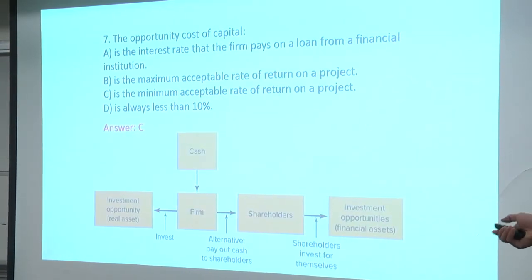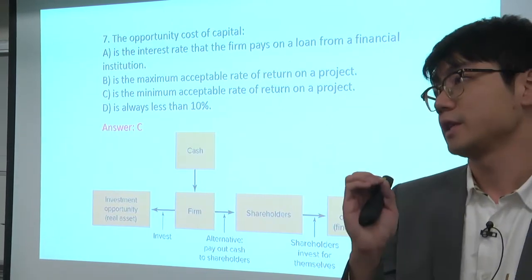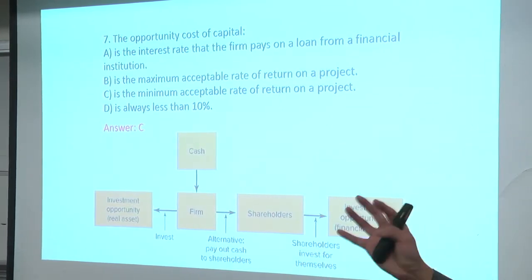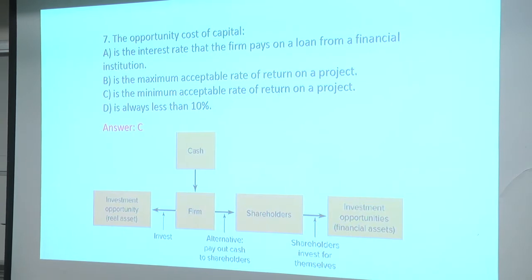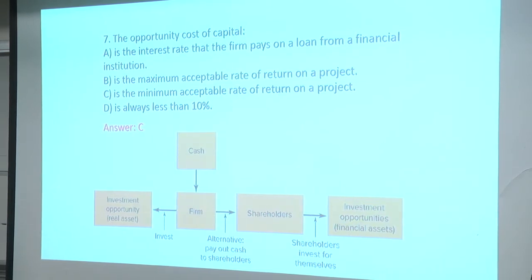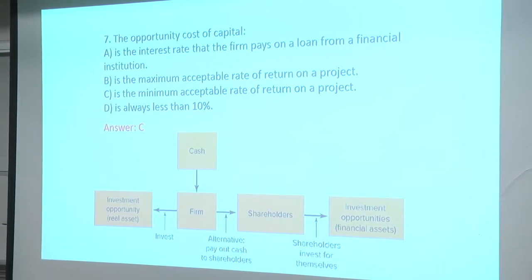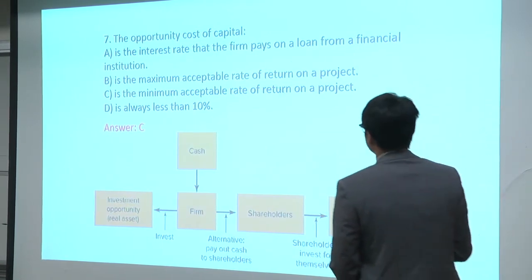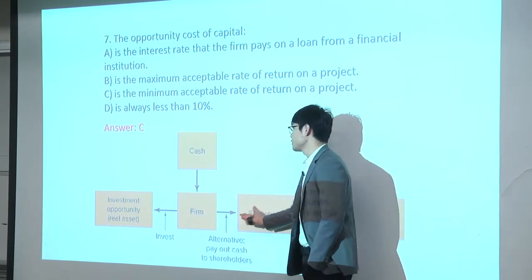So what's the rule of thumb here for whether the firm should give money back to the investors or keep it in the company to invest? Yes? It must be greater than the minimum amount that they can get from investing the money themselves. Yeah, very good. Thinking about this, the firm is owned by the shareholders.